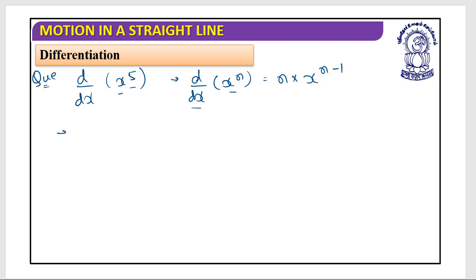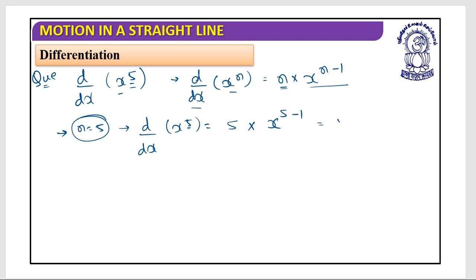For me in this case, n is equal to 5. So the power is multiplied, this is 5 multiplied by x to the power 5 minus 1, so that gives 5 into x to the power 4. Got it? Are you sure? Okay, let's look at the next.